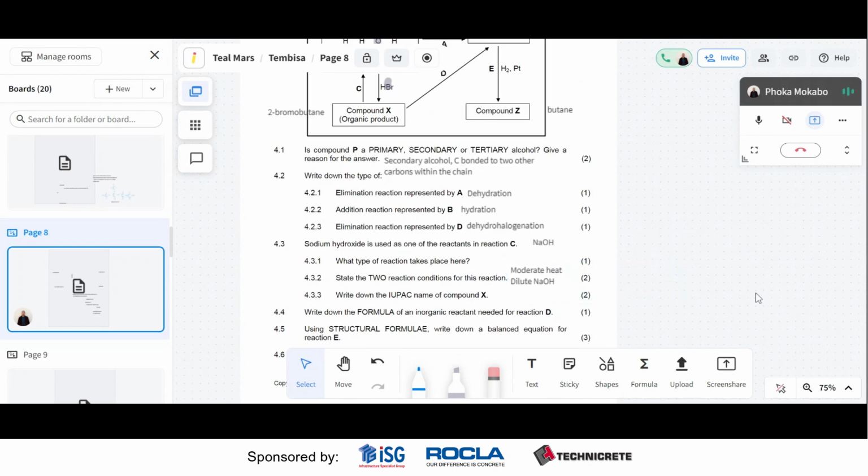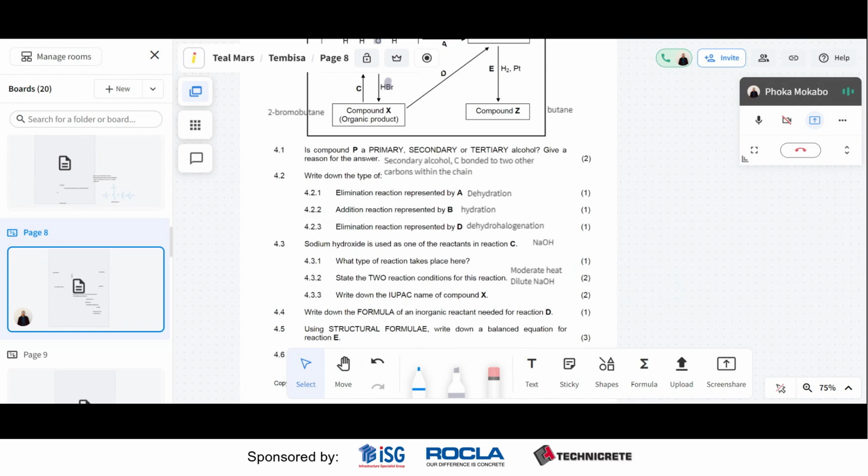And the secret to that is understanding that the difference between dilute NaOH and concentrated NaOH would mean the difference between a substitution reaction or a complete elimination reaction.